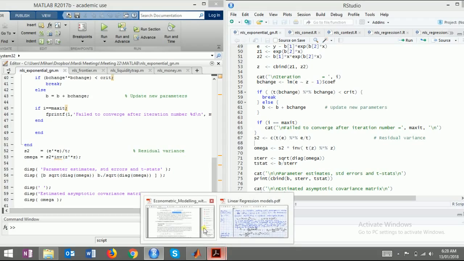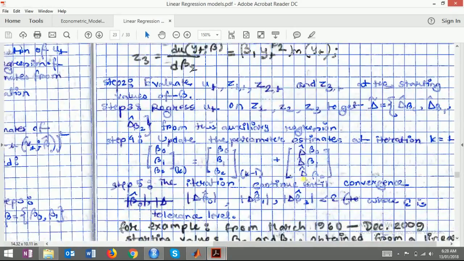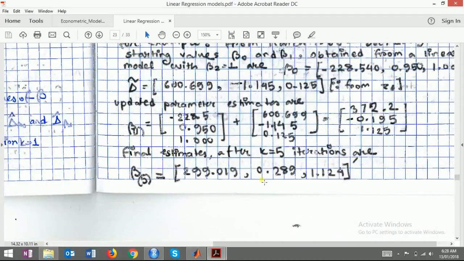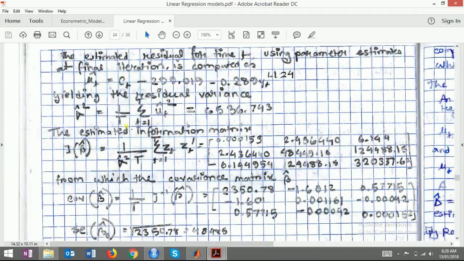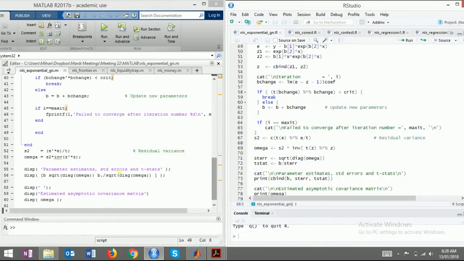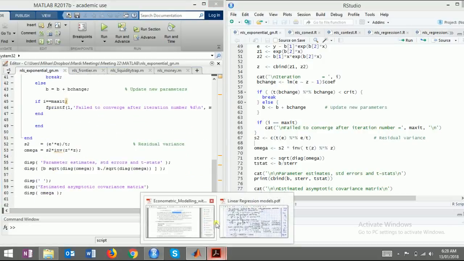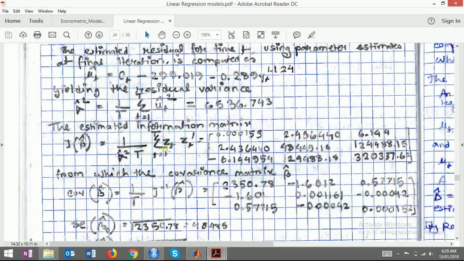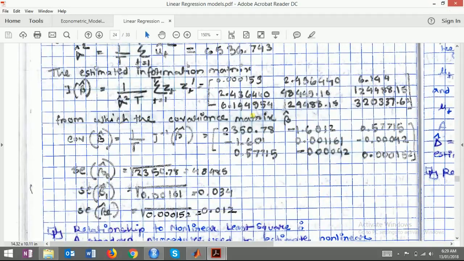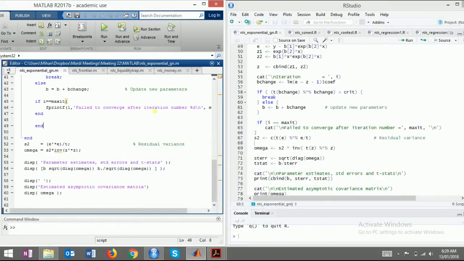If you still want to check, sigma square equals u square by t, and the information matrix omega is equal to sigma square inverse of z transpose z. Sigma square t z transpose z is the information matrix, and we are concerned with the inverse of the information matrix, which is the covariance matrix.